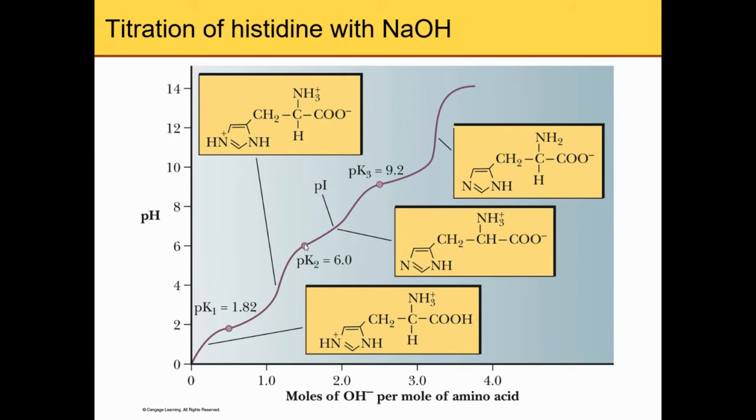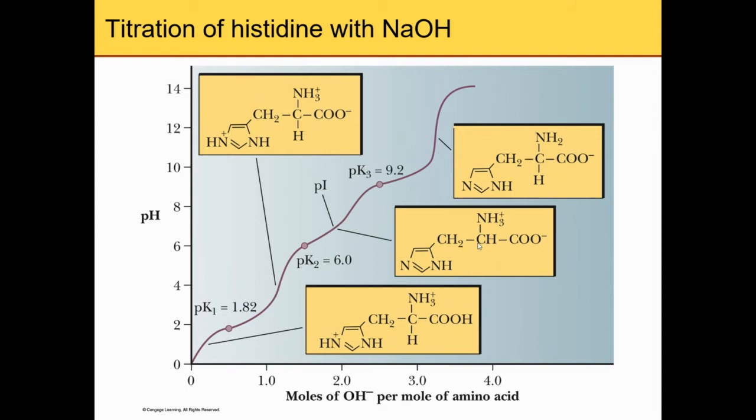At pK2, the amount of the neutral and the +1 will be equal. If it's below 6.0, then the +1 will be dominant. Above 6.0, then the neutral will be dominant.